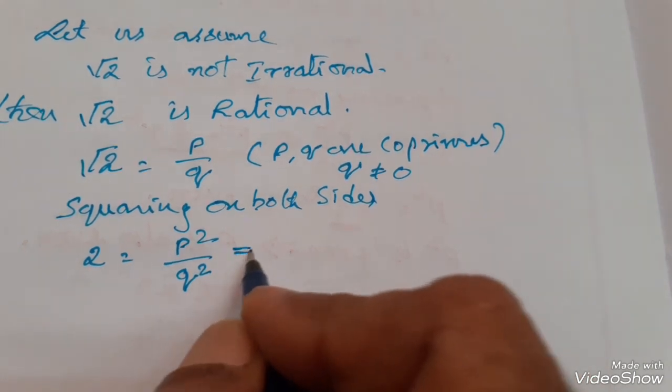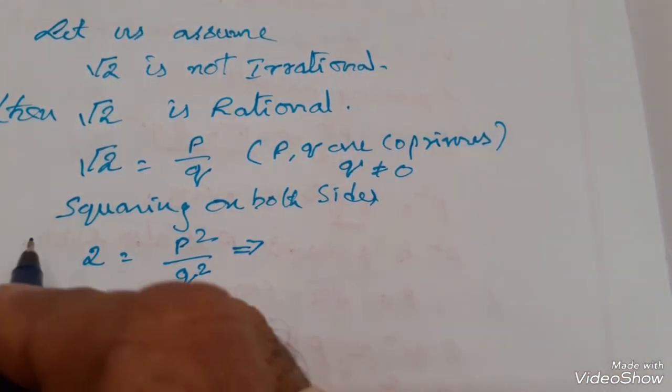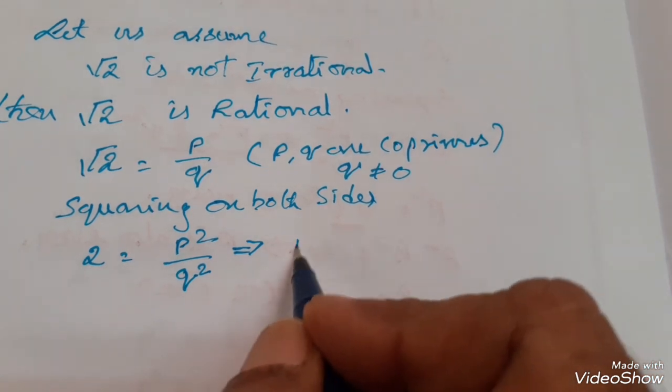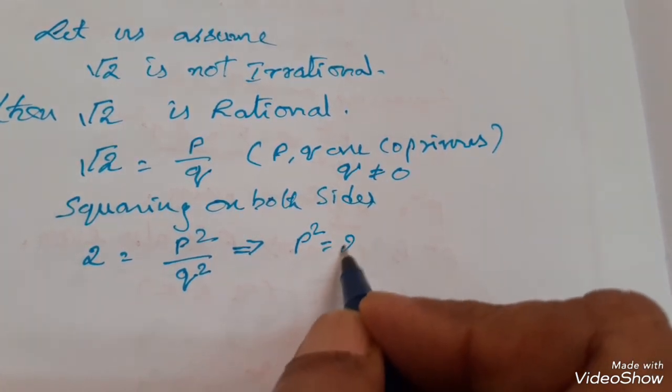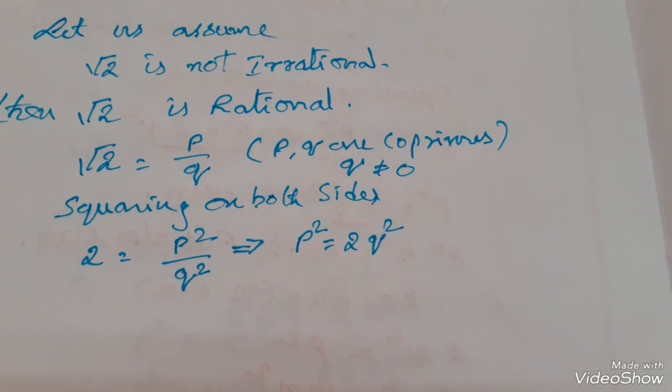So by cross multiplication, we get p square equal to 2q square.